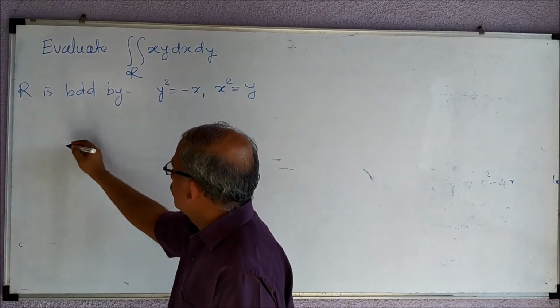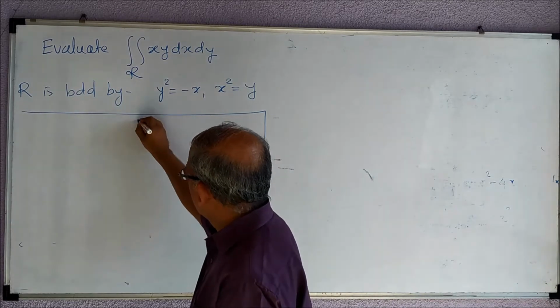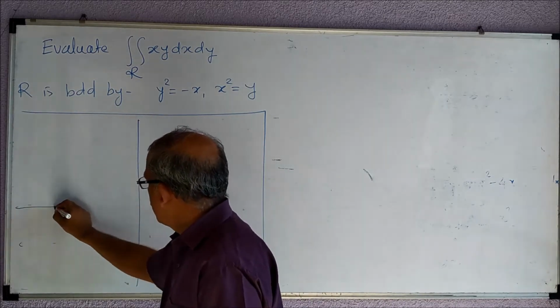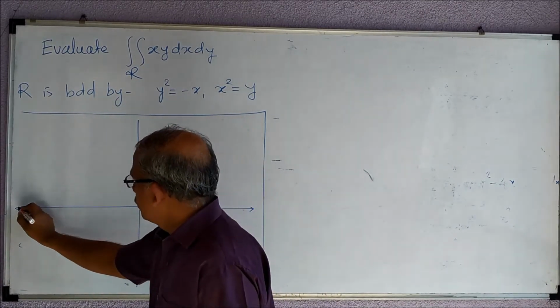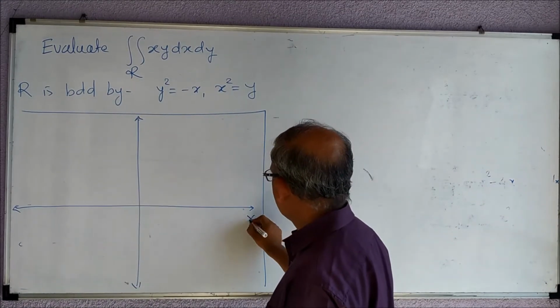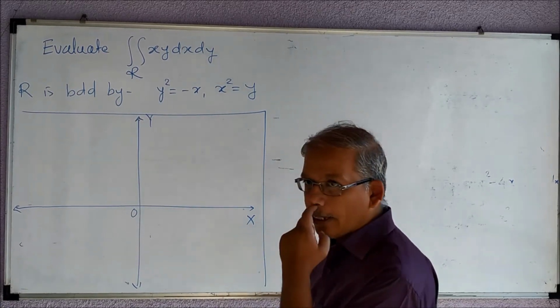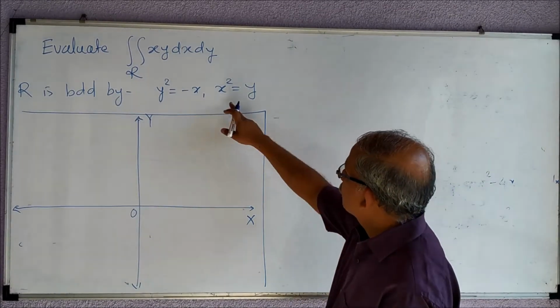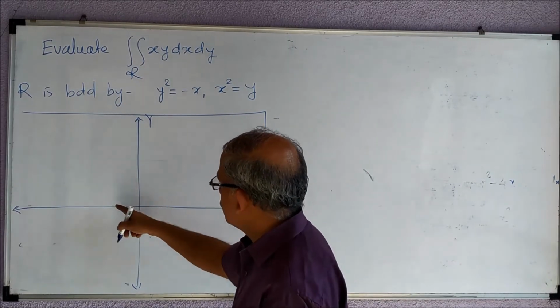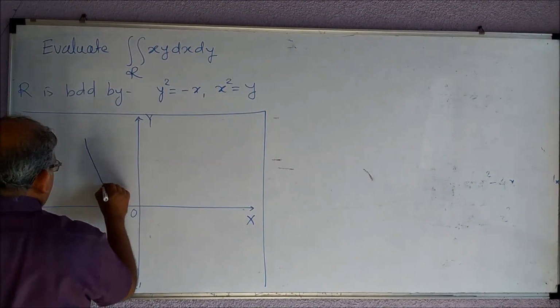this region. So we have taken our plane, x-axis and y-axis, origin over here. Now see that x square equal to y is a parabola like this. Let me draw that parabola.